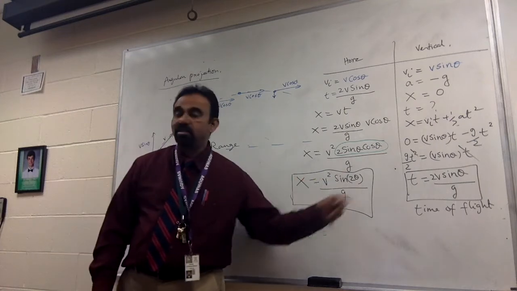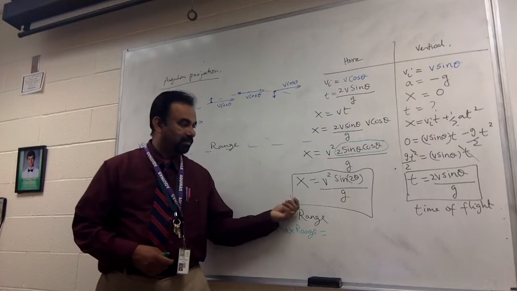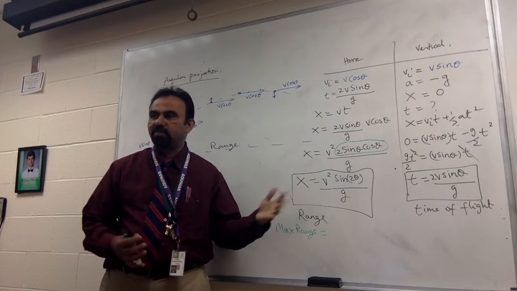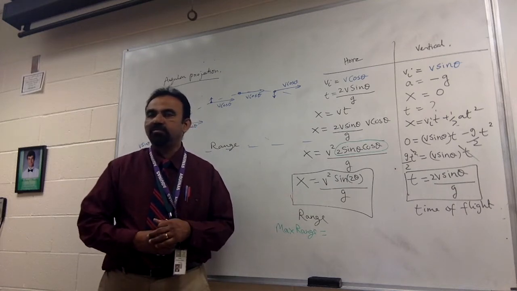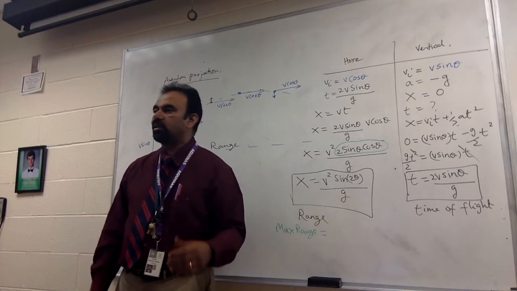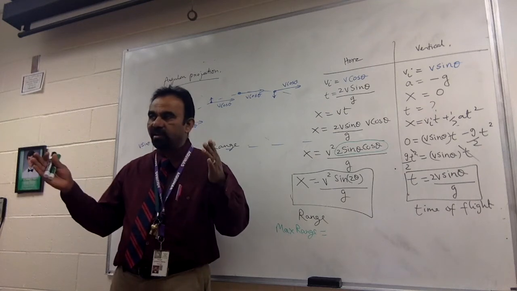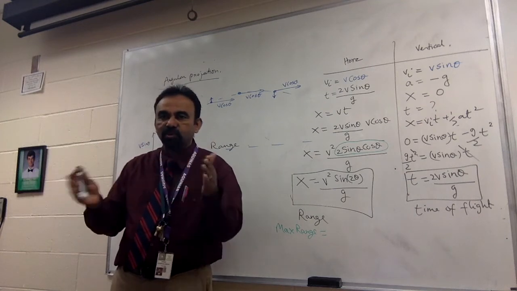When can this expression be a maximum? When can x become a maximum? You see there's a sine here, right? What is the range of sine values? Sine of an angle can take values between what and what?